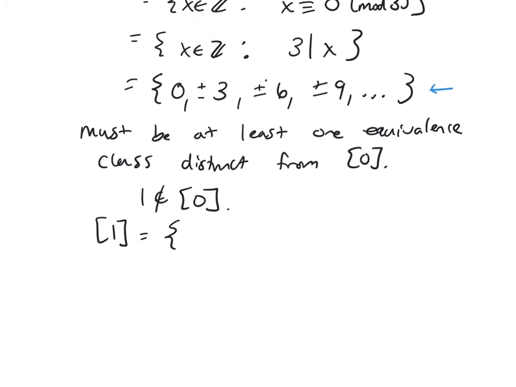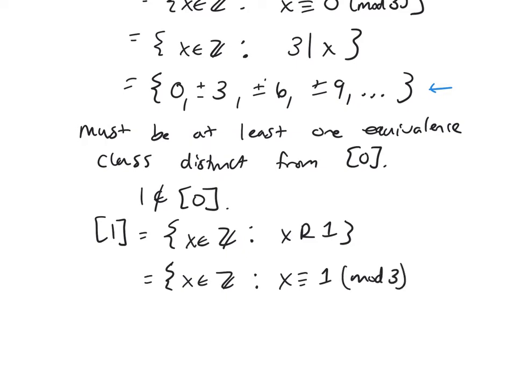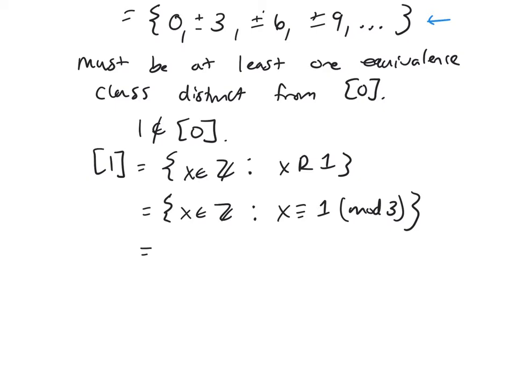So the equivalence class of 1 will be all the elements in Z where x is related to 1. So this is all the elements in Z where x is congruent to 1 mod 3. This means that I'm looking for the elements in Z where 3 divides x minus 1.